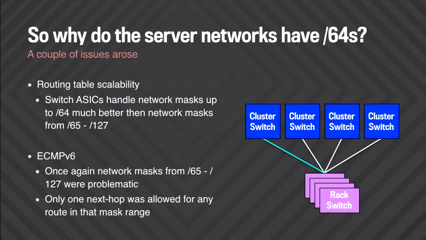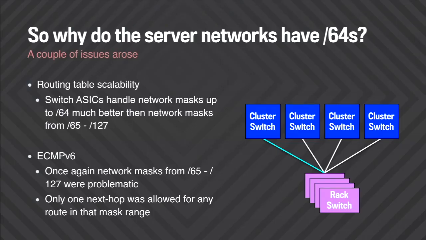The other thing we found out just in time was the fact that if you used a /65 through /127 and you were in this special table, that special table only allowed you to have one next hop for that route. Well, I've already said that our cluster was 4-post, which means that if you're in a rack switch going out to another rack switch in the cluster, you have multiple paths.